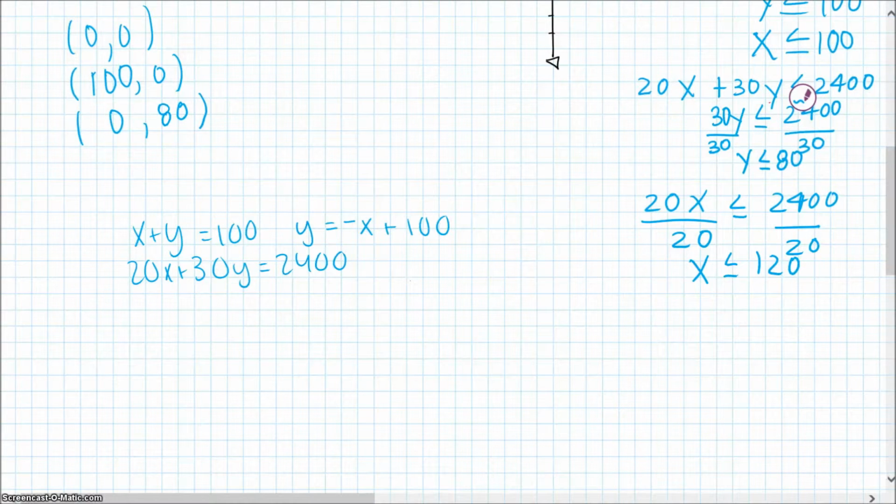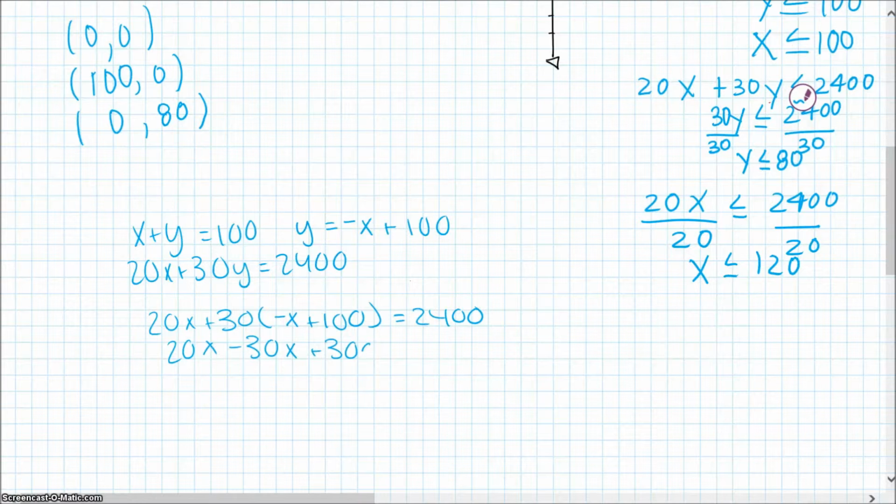So we would have 20x plus 30 times negative x plus 100 equals 2,400. Just simplify this.